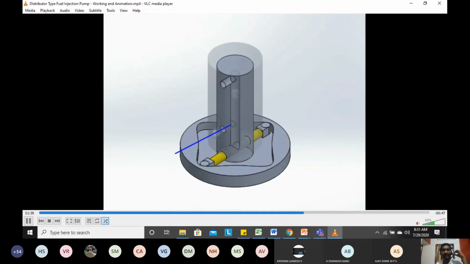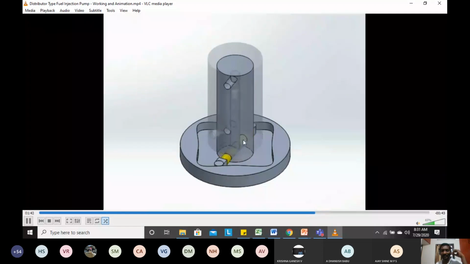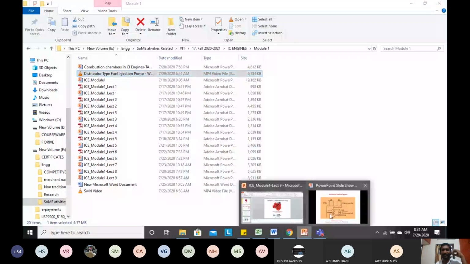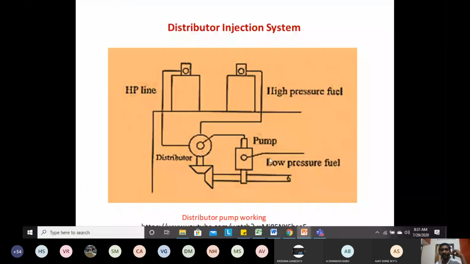So this is what we call a distributor system, a distributed fuel injection system. Here also we are going to have a low pressure pump, and the outlet from the low pressure pump, or the fuel supply pump, goes to the distributor.